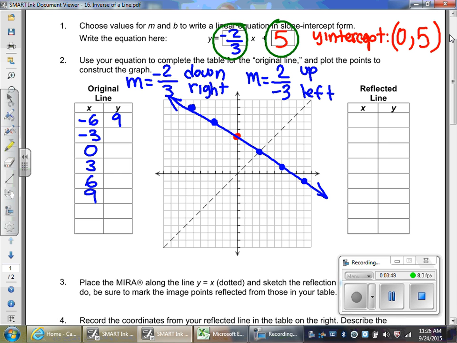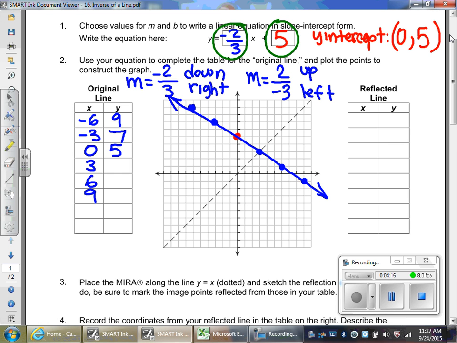Very good. Mara, when x is equal to -3. 7. Okay. Isaac, Brandon, when x is equal to 0, oh, that's easy. 5.